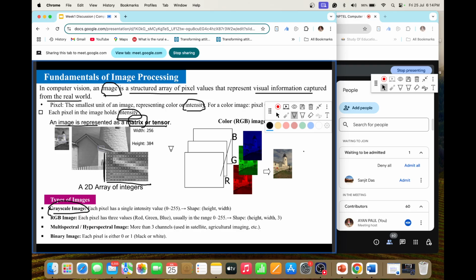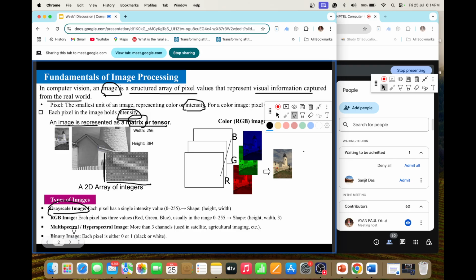In computer vision, we always represent this intensity from 0 to 255, not 1 to 256. So each cell can consist of a number between 0 and 255 in a grayscale image.